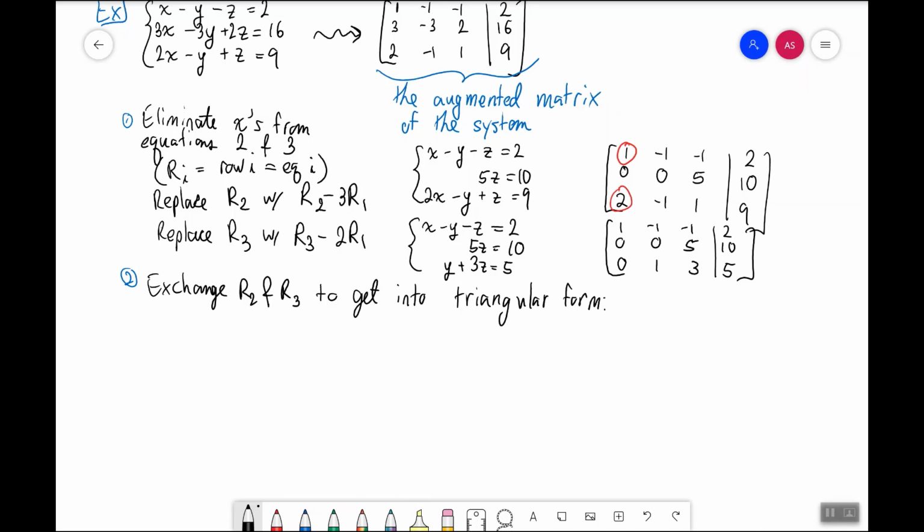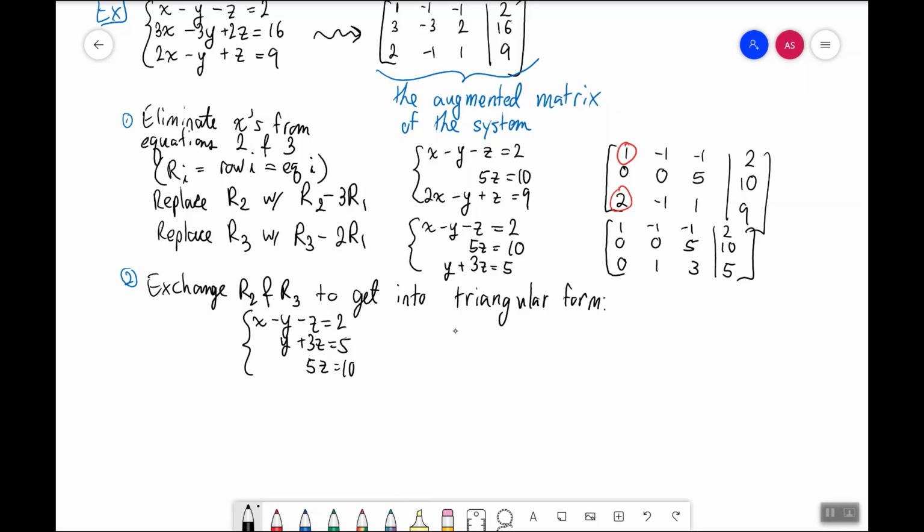When I do this, I'm going to get x minus y minus z equals 2, y plus 3z equals 5, and 5z equals 10 for the system.